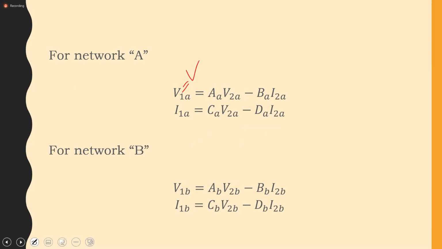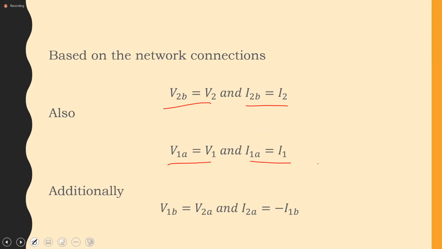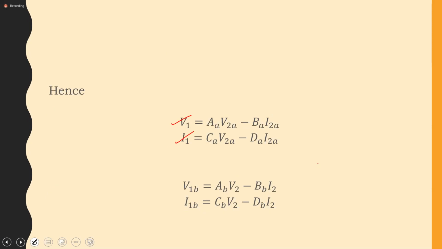So this is equal to V1, this is equal to I1. This is equal to V2, this is equal to I2. So those are the initial substitutions we made to get these two sets of equations.